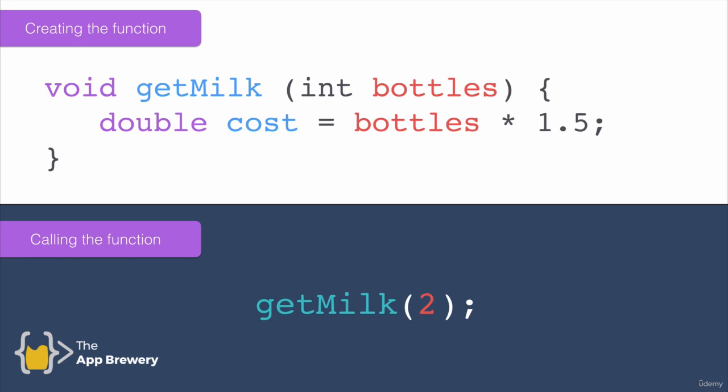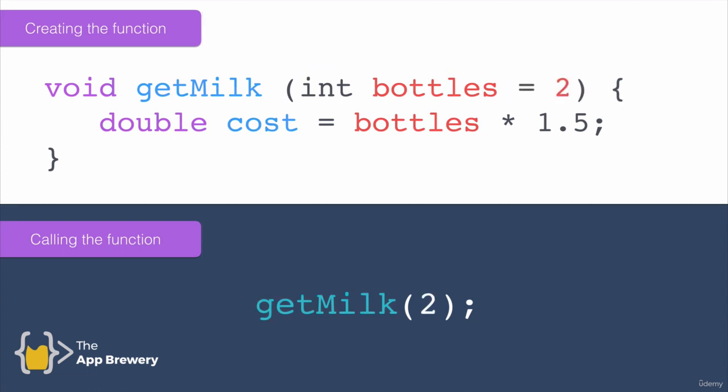Well, then the input now flows into the function and it becomes stored inside this name called bottles. Now, the first thing it checks is to make sure that it definitely is getting the right data type as the input. So it's definitely getting an integer in this case. And 2 is a whole number, so that's completely fine.